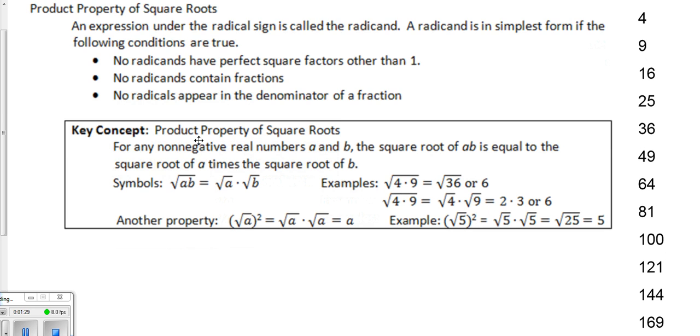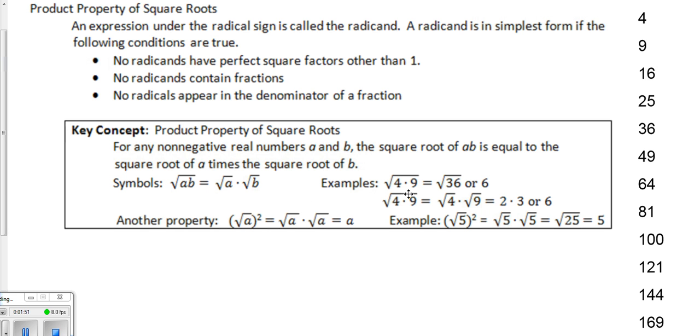So, key concepts. Product property of square roots: for any non-negative real numbers a and b, the square root of a times b is equal to the square root of a times the square root of b. So you can split it apart.